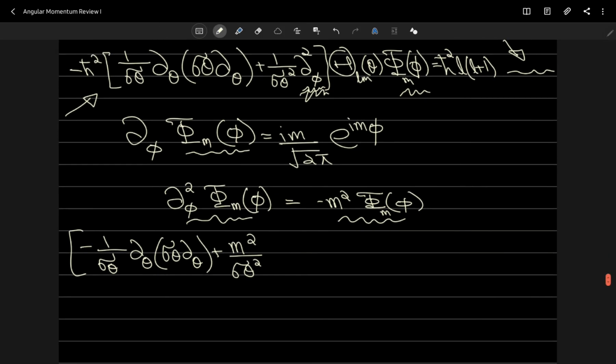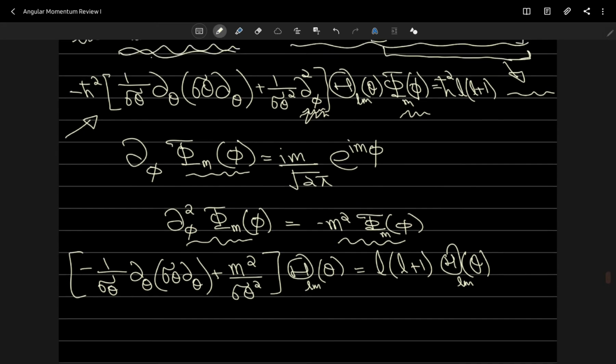So yeah, then I have this function that I still have to figure out, capital theta of theta, Θ_lm, and this is equal to l(l+1) times this capital theta of theta, Θ_lm.